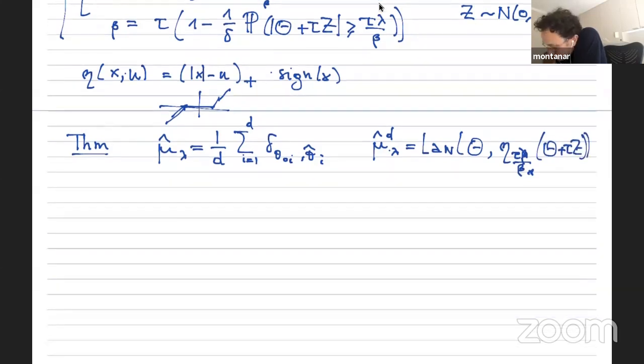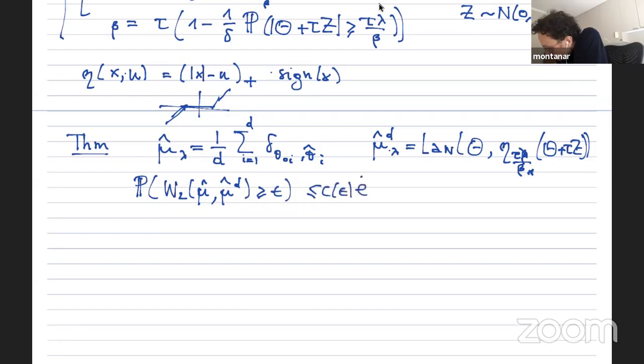And the theorem is that the probability that the distance between mu hat and mu d is bigger than epsilon is smaller than some constant of epsilon times e to the minus n times some other constant of epsilon.